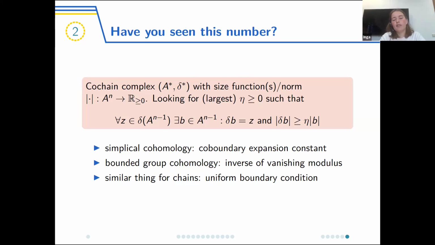So I was wondering if anyone who works with cochain complexes or chain complexes in a different setting also looks at these kinds of numbers. Concretely, what I saw was someone talking about bounded group cohomology, and the inverse of what was the coboundary expansion constant for me was for them the vanishing modulus. So it would be very interesting for me to see if anyone else has seen something like that.